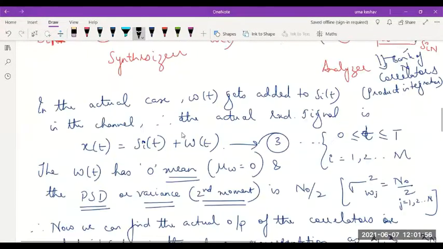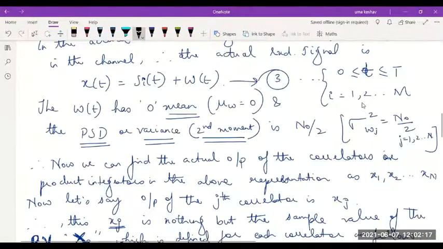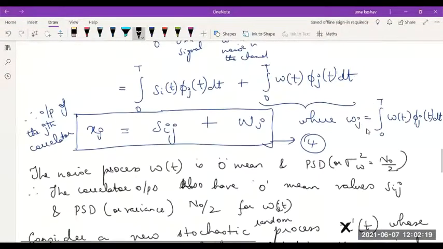See, in each of these cases, this white noise also passes through this multiplier. So I will have, just like how we'll have the signal into phi 1, I will have white noise into phi 1, white noise into phi 2. And then when I integrate this, you will have integral of white noise into the orthonormal basis function. That's what we called as Wj, right? That for each correlator, the part of the white noise which changes would be in this form, Wj.